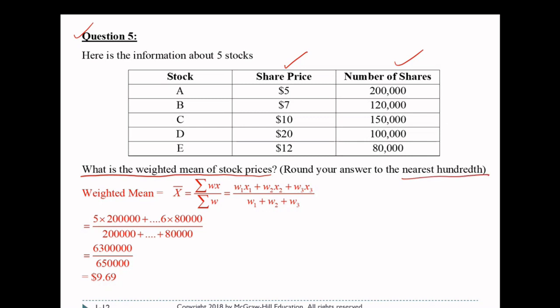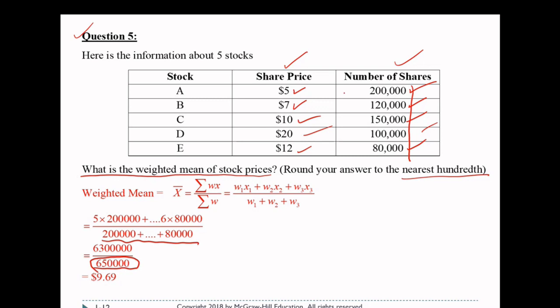Round your answer to the nearest hundredth. The formula is sum of Wx divided by sum of W. So 5 shares times 200 plus 7 times 120 plus 10 times 100 plus 12 times 80, divided by the sum of the number of shares. How many shares do I have? 650 shares.